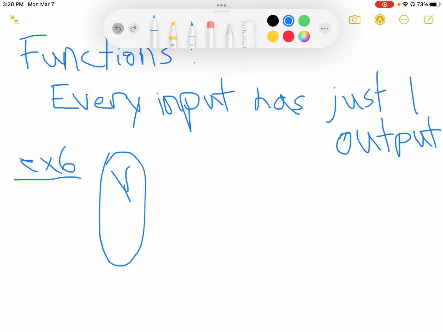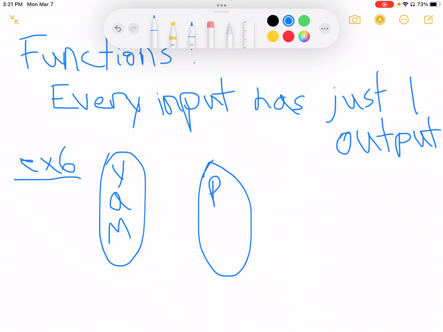Over here we have potential outputs: p, x, and 5. They said y goes to p, a goes to x, and m goes to x. But they also said y goes to 5.